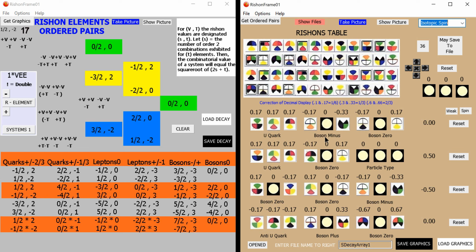But if we look at scalar boson minus, then we see we have a minus 1/6 and a minus 1/3, which will give us a minus 1/2, which summed with the isotopic spin of the generic U quark will give us a 0. And of course, the particle pair contributes nothing to the isotopic spin. So, as indicated by the standard model, the isotopic spin on the S quark is 0.